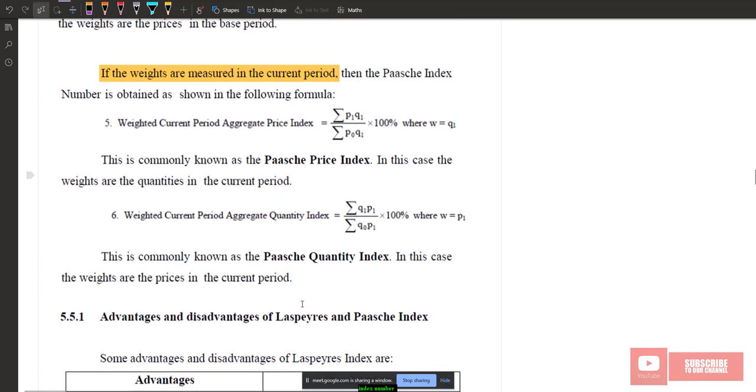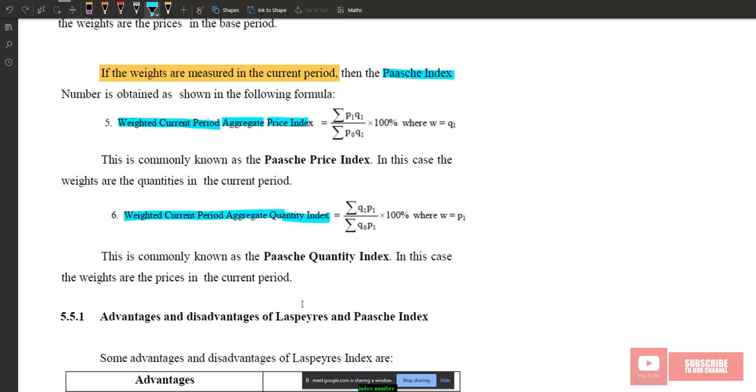If the weights are measured in the current period, then we have the Paasche index number: the weighted current period aggregate price index, or weighted current period aggregate quantity index.